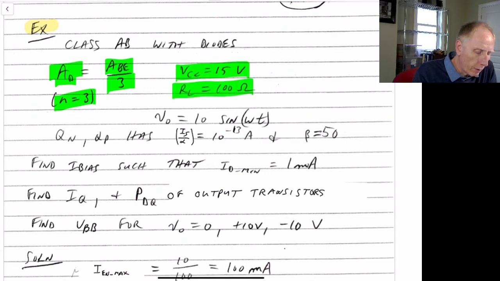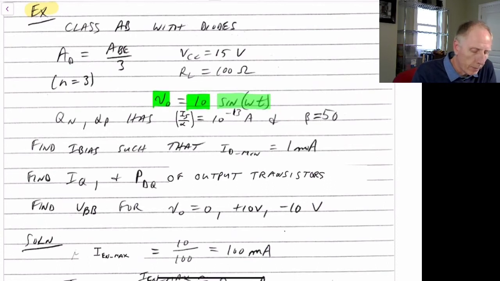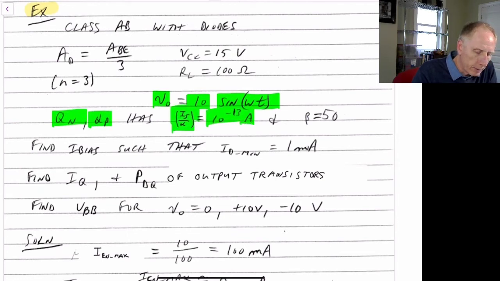And as before, our load resistor will equal 100 ohms. And we'll assume that our output voltage is a maximum of 10 volts. So there's a peak amplitude of 10 volts times sine omega t. And we also have, as before, our Qn and Qp have Is over alpha equal to 10 to the minus 13 amps. And we'll assume that beta is equal to 50.